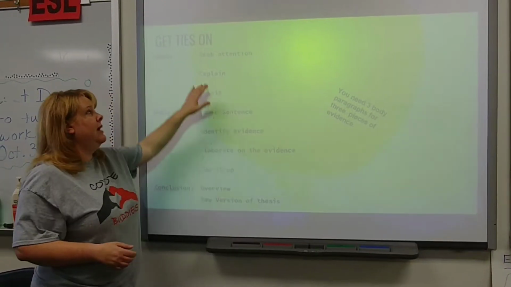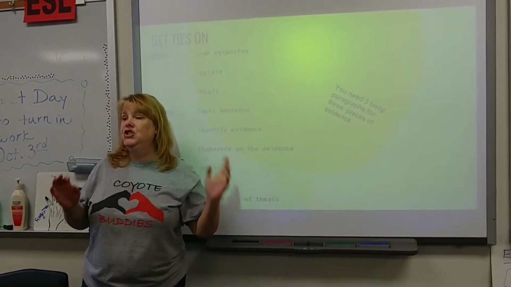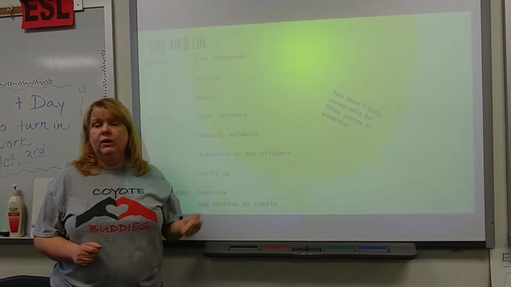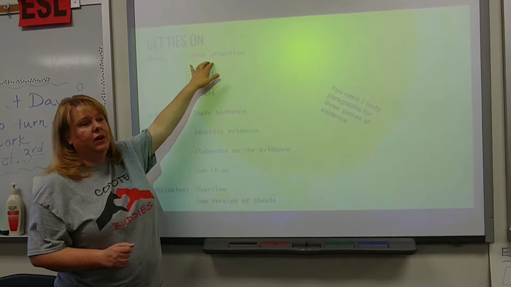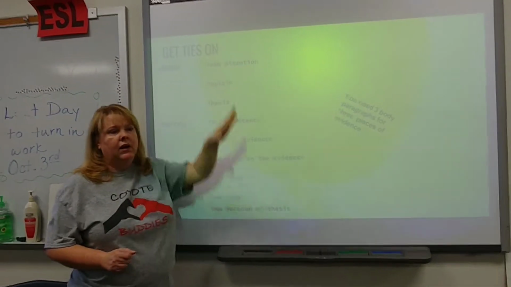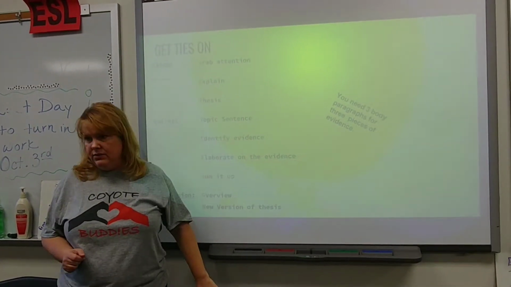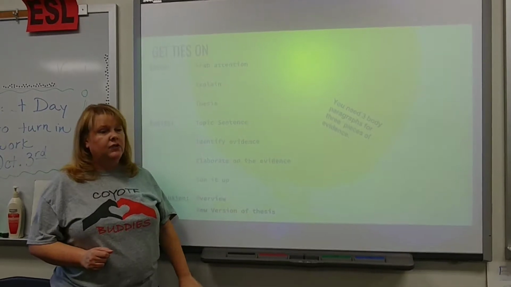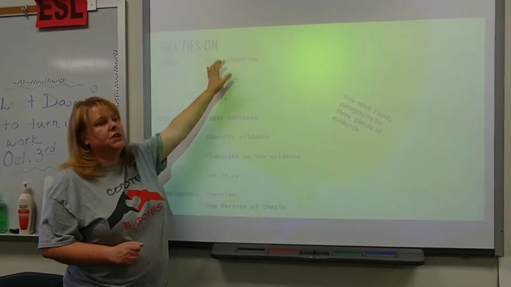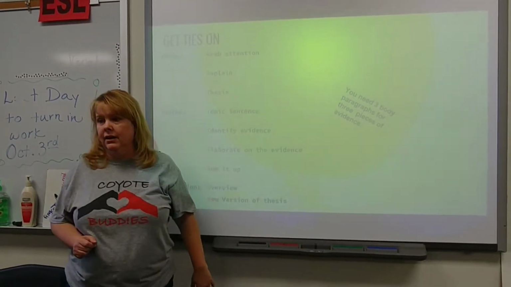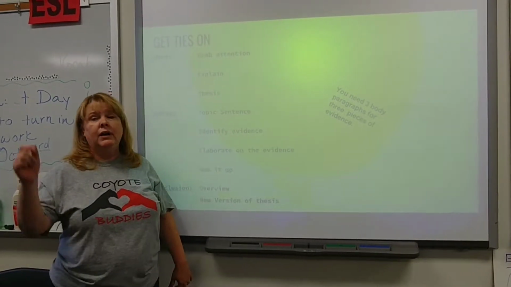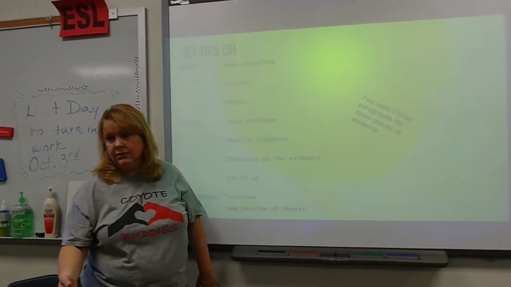So I want you to think about your attention grabber. Generally, when I do an attention grabber, whatever I put up here, I want to kind of mimic at the bottom in the closure, right? So for instance, if I start with a question up here, what should I do at the end? Answer that question, maybe give another question.